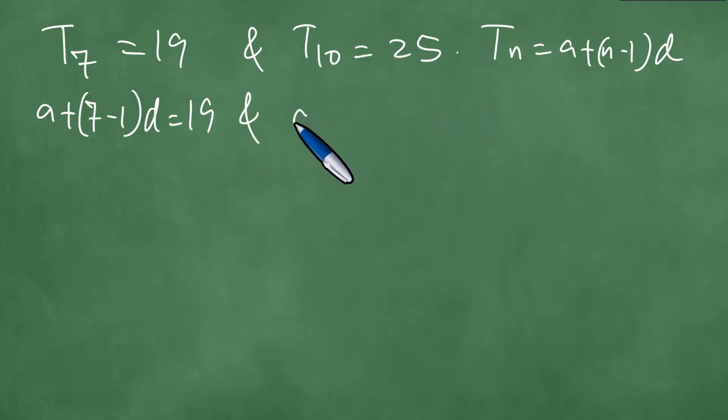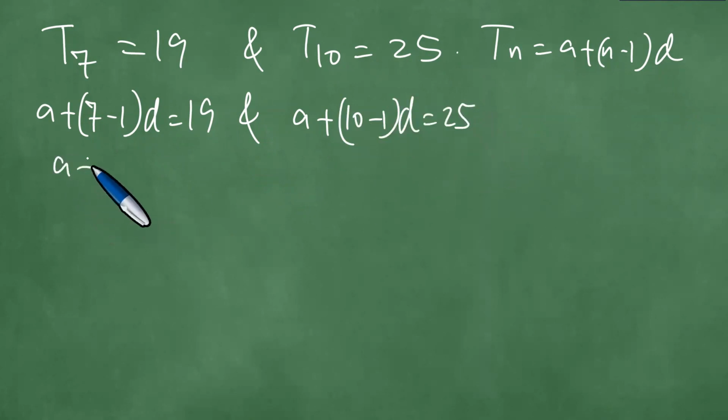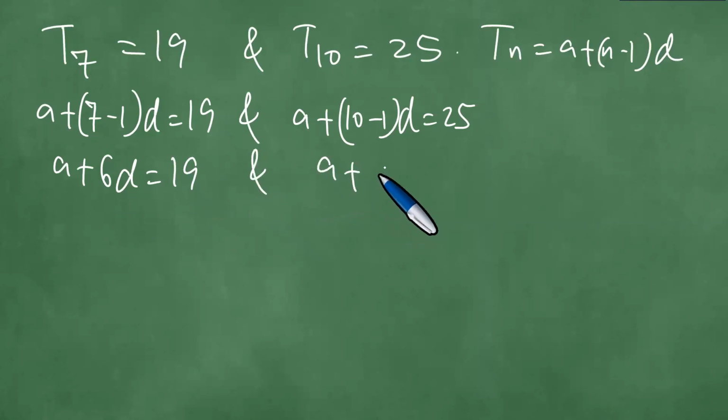Same here, T10 means a plus 10 minus 1 into d, a plus 9d.